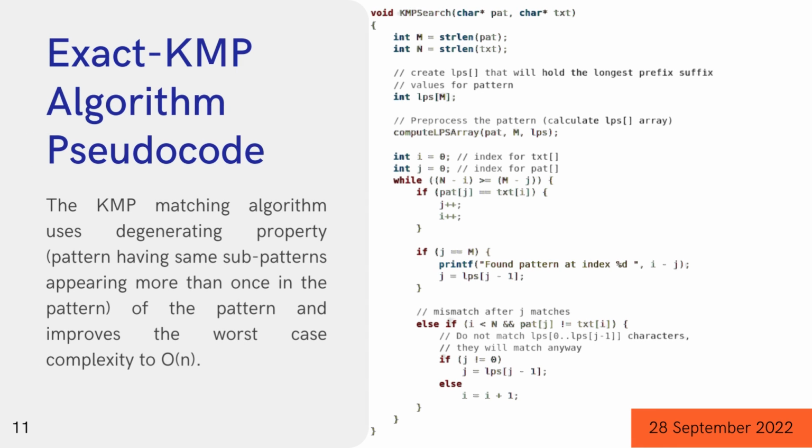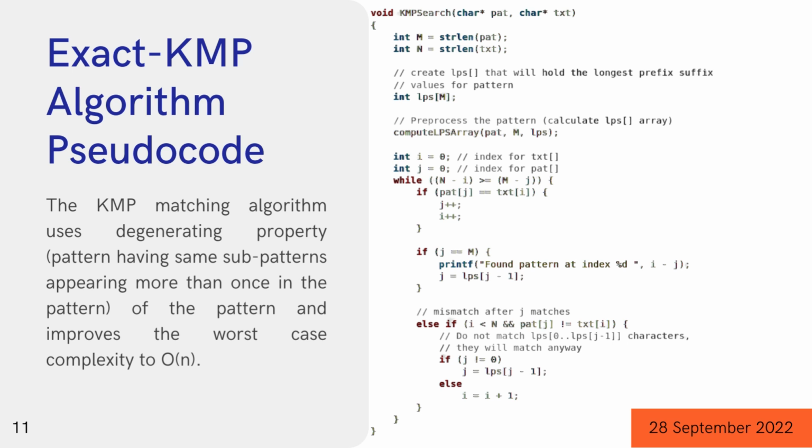If we look at the pseudocode of the KMP algorithm, first of all we calculate the maximum longest suffix length and hold it, and then we check whether the longest subsequence of the pattern matches the text or not.